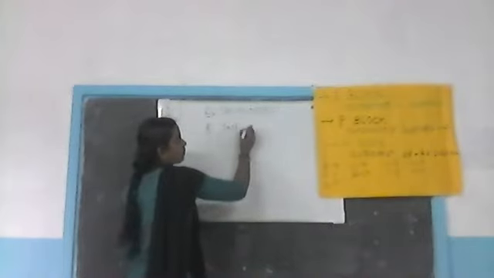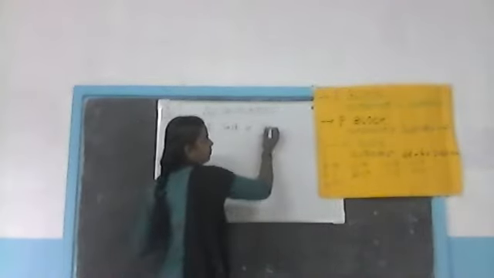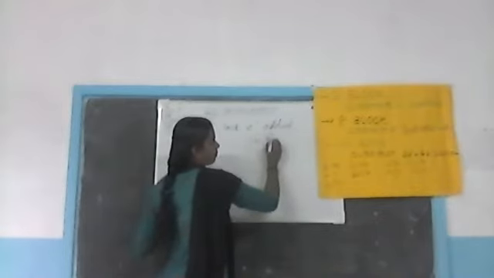Okay. So once again repeating. First one, how can you find out the block? The block is found from the subshell in which the last electron is added. This is the method for finding the block.